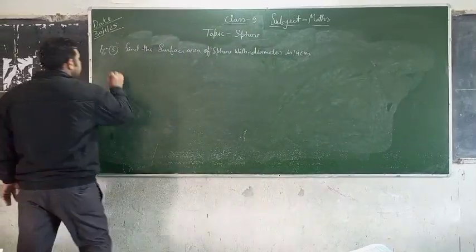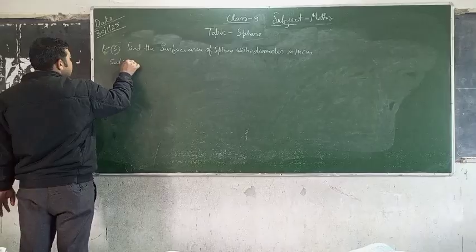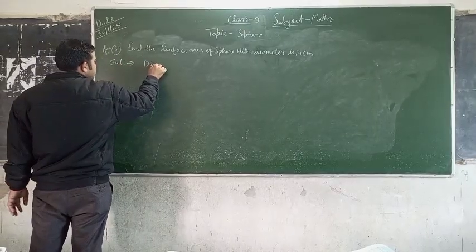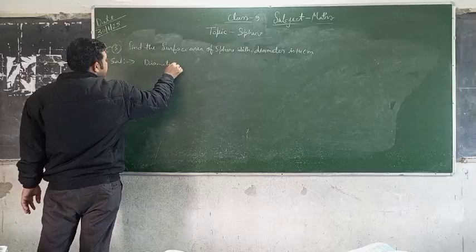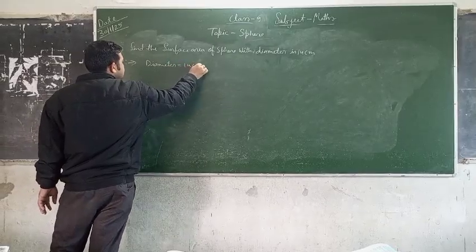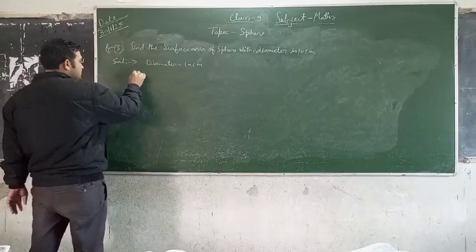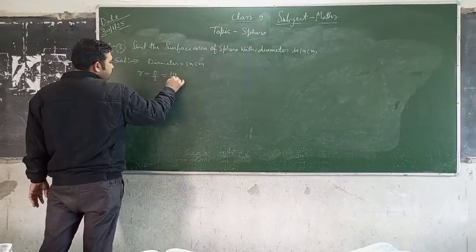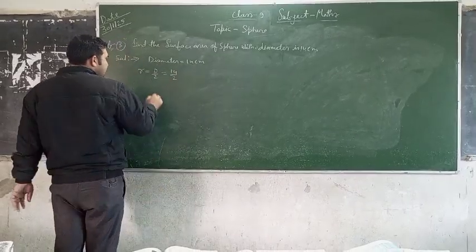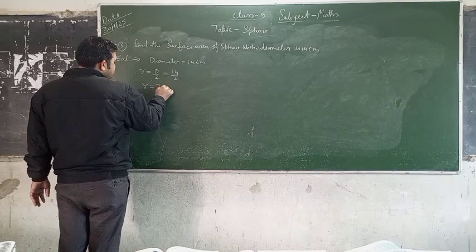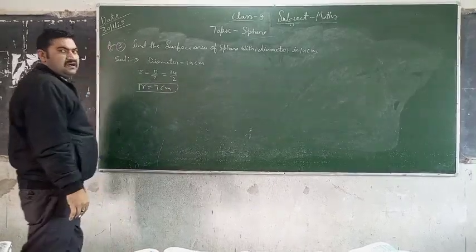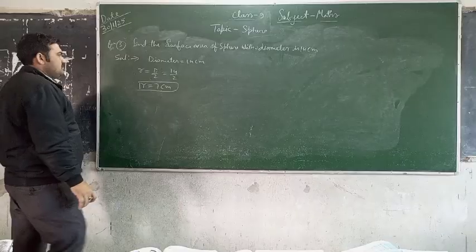Solution. Here diameter is given. Diameter is equal to 14 centimeter. Therefore, radius r is equal to d by 2, that is 14 upon 2, so r is equal to 7 centimeter.